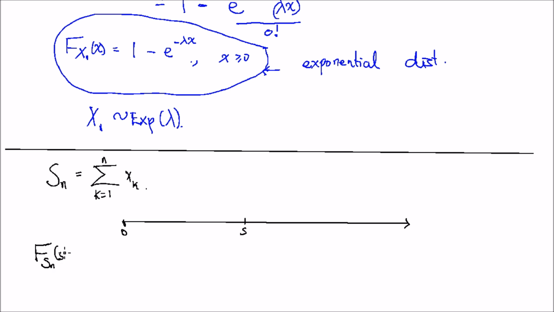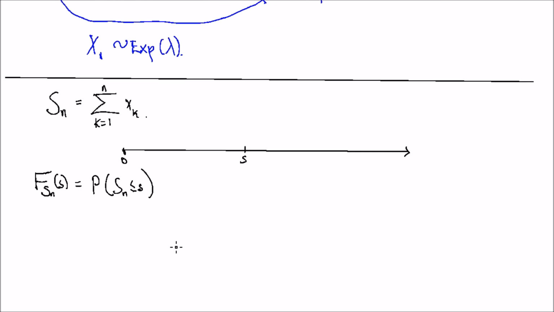The CDF of Sn, time to nth arrival, is equal to the probability that Sn is less than or equal to little s. The nth arrival is on or before time s if there have been n or more arrivals on or before time s, up until s. It could be n plus 1, n plus 2, or anything more than that.